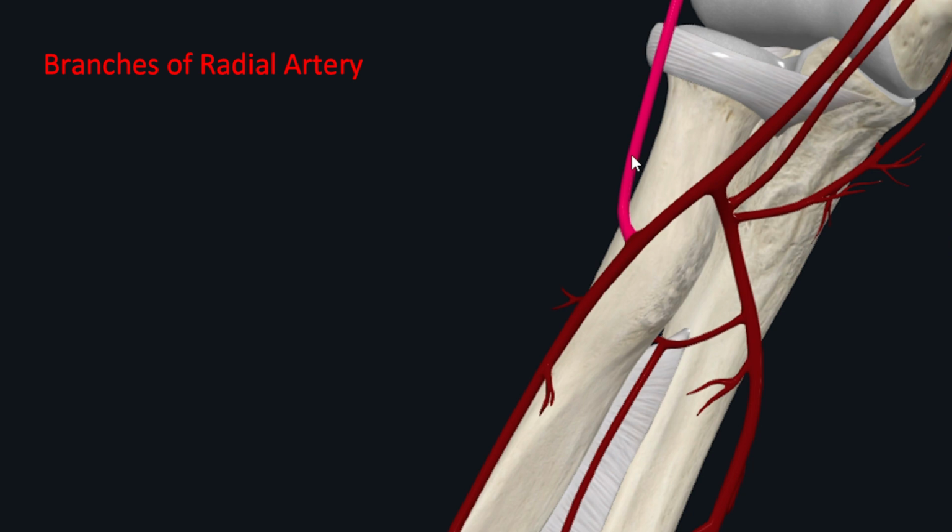This arterial branch, which is the radial recurrent artery, arises directly from the radial artery, and it also supplies the muscles of posterior compartment of forearm. So these three arterial branches, that is the anterior interosseous artery, the posterior interosseous artery, and the radial recurrent artery, are the arterial branches which supply the posterior muscles of forearm.